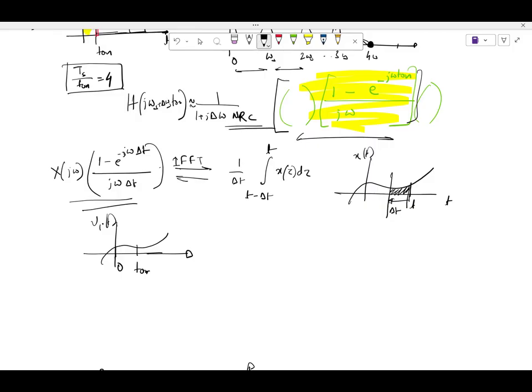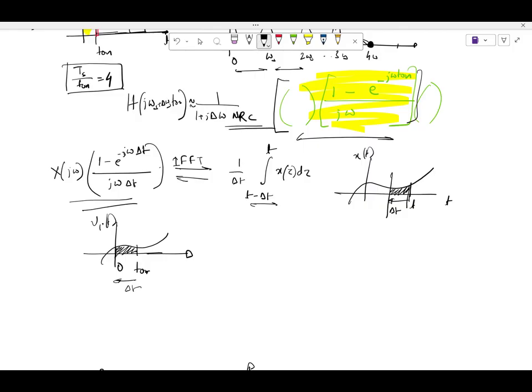Because this is all we are interested in. And why not for all the other values beyond 0, right? This delta t I could have swept beyond 0 also, right? So delta t is this side, right? The delta t I could have swept beyond 0 also.